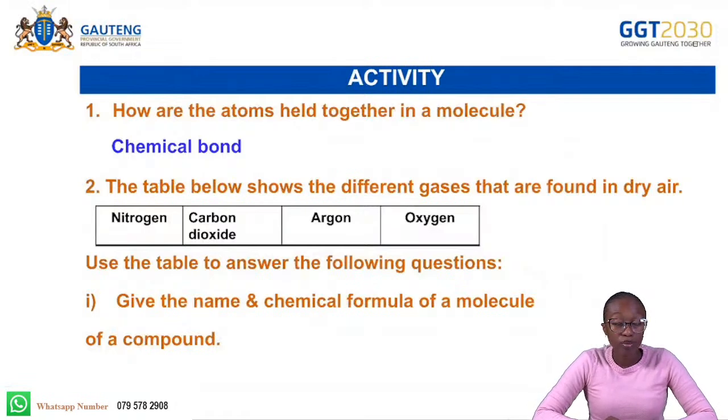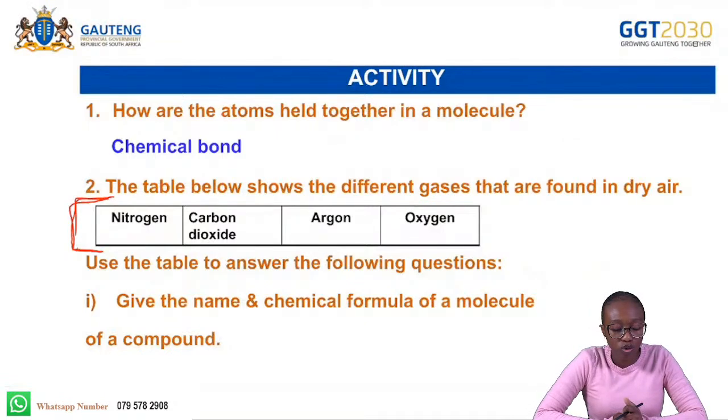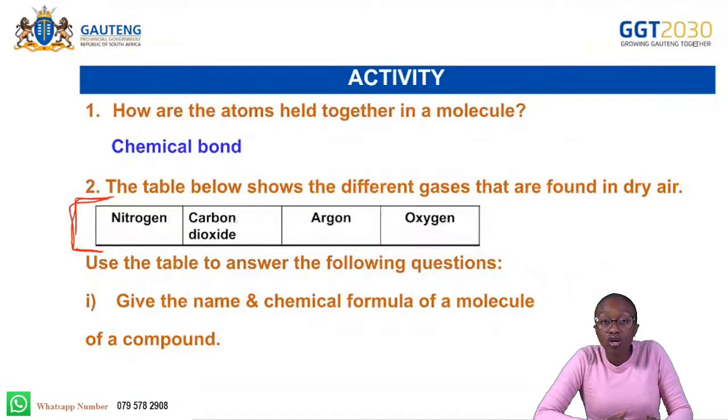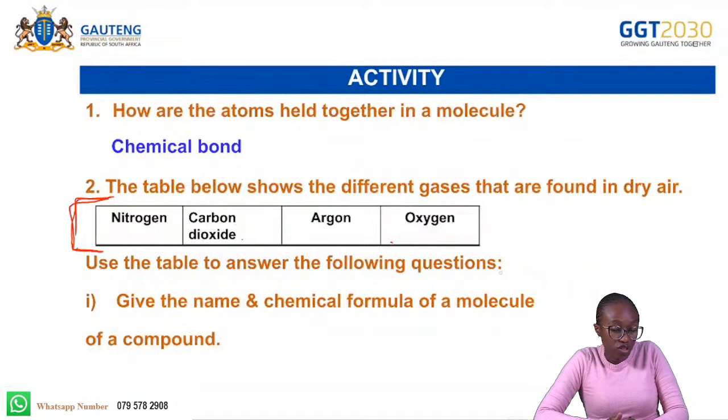And then question number 2, we're using the table and the periodic table to answer the questions that followed. The table below shows the different gases that are found in dry air. We've got nitrogen, carbon dioxide, argon and oxygen. Now, you needed to use the table to answer the following questions. The first question read, give the name and chemical formula of a molecule of a compound.